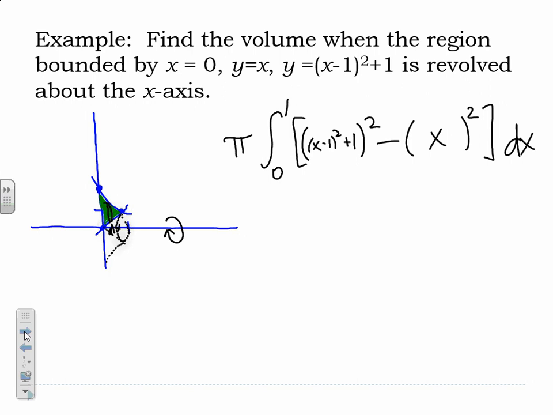Go ahead and get out your calculator, and what I'd like you to do is use the math9 command, but do not multiply by pi yet. Do the math9 command without the pi.